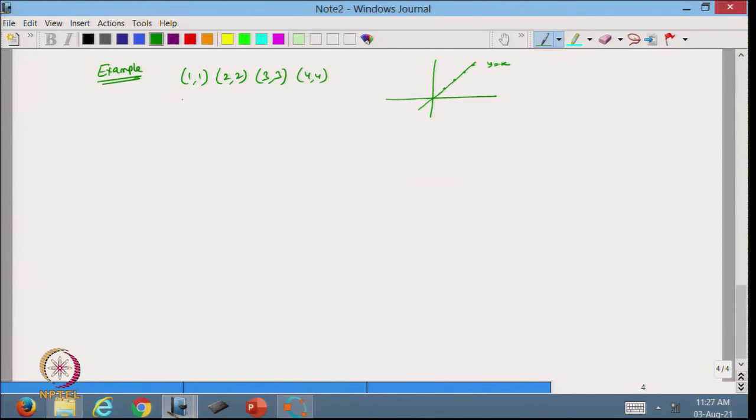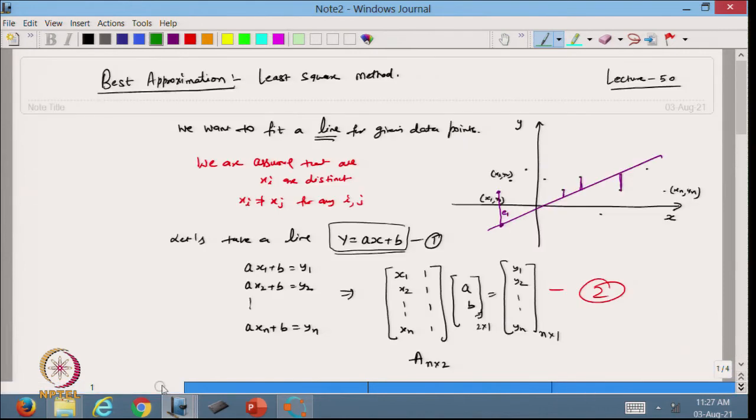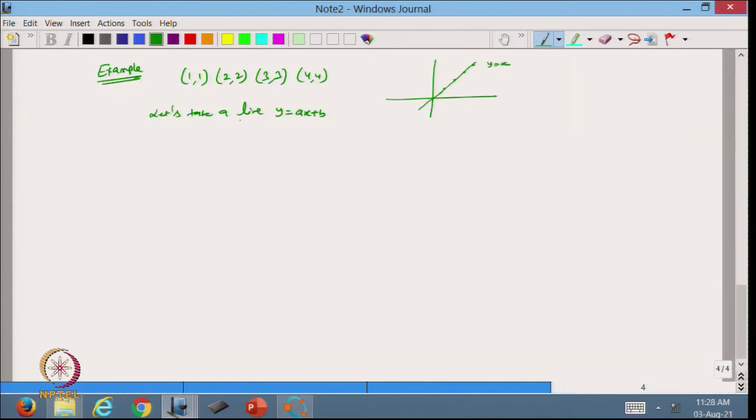Okay. Now let us take a line y is equal to ax plus b. From here I can write a times 1 plus b is equal to 1, a times 2 plus b is equal to 2, a times 3 plus b is equal to 3, and a times 4 plus b is equal to 4.